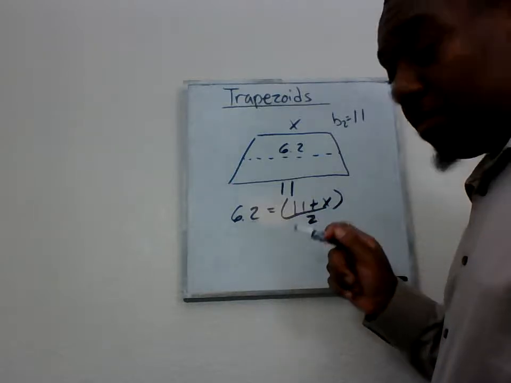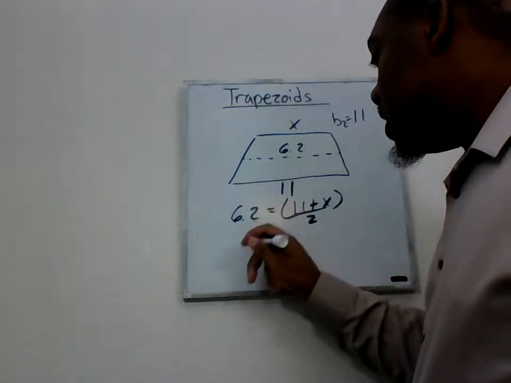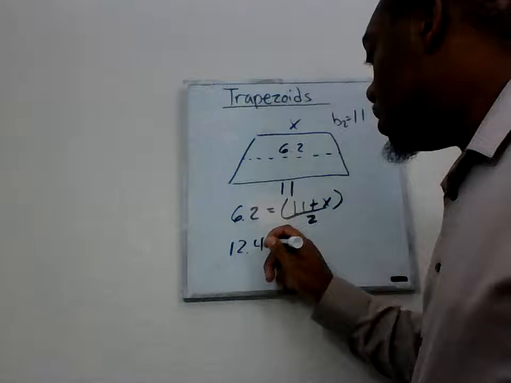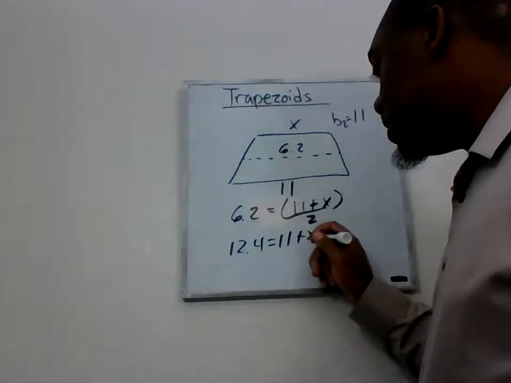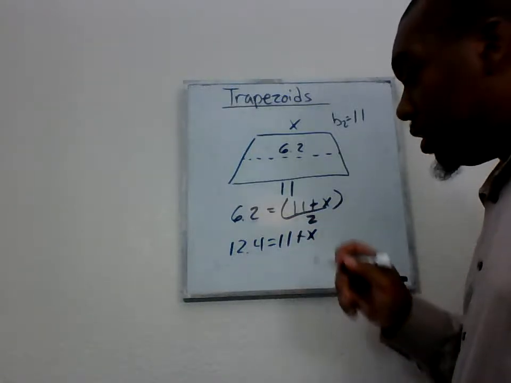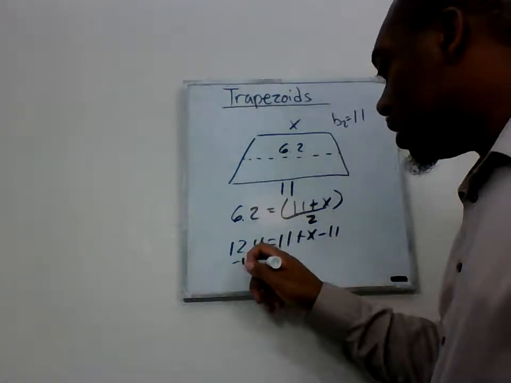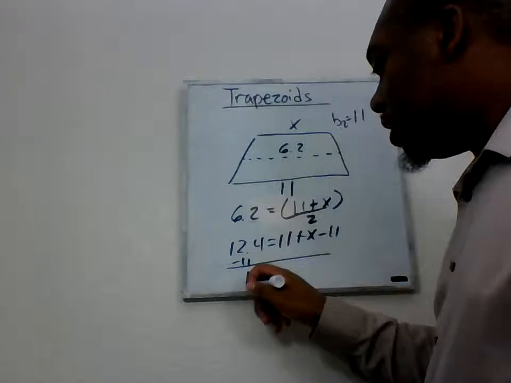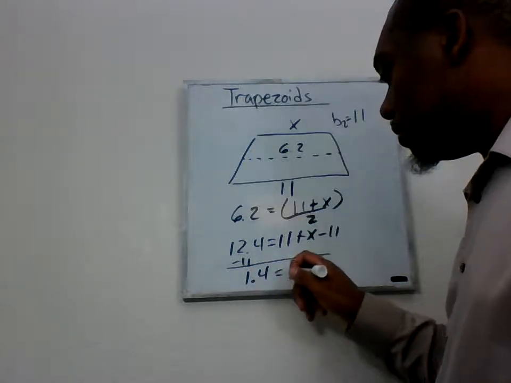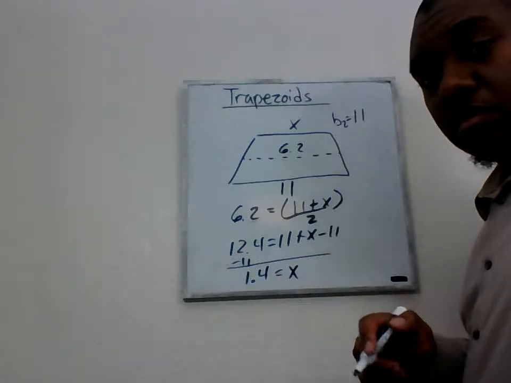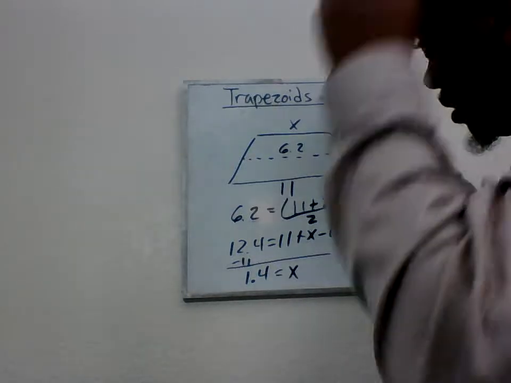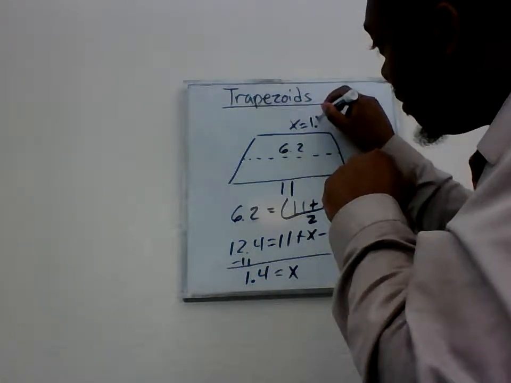Remember, order of operations backwards. So 2 on both sides, and that would be 12.4 equals 11 plus x. And we would subtract 11 on both sides. And we end up getting 1.4 equals x. Okay? So the base up here would be 1.4.